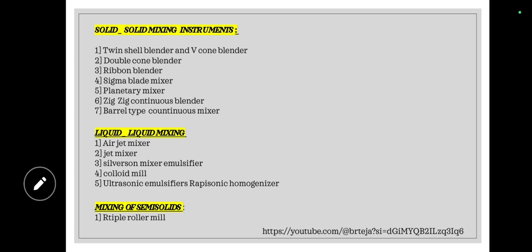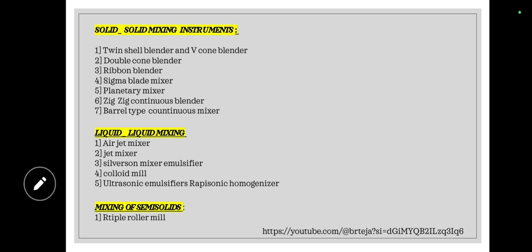Okay, last one, mixing of semi solids: triple roller mill. These are all instruments used in pharmaceutical industries: solid to solid mixing, liquid to liquid mixing, and mixing of semi solids. These are types of mixing.